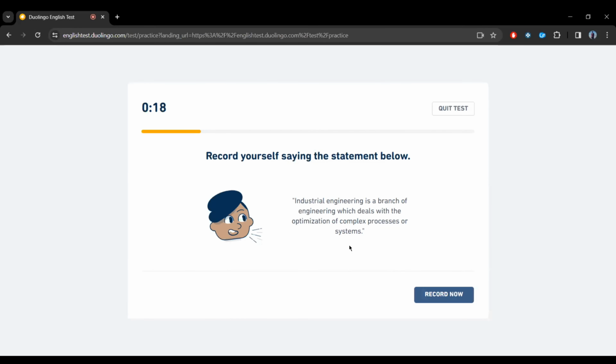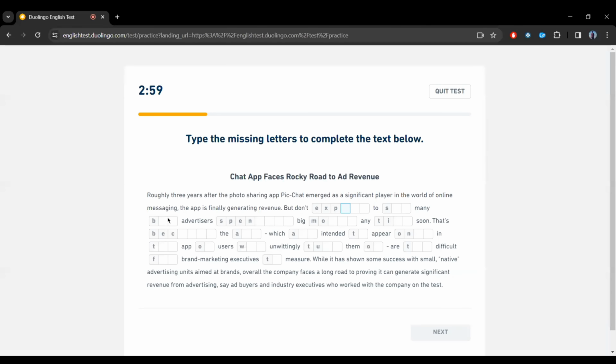Industrial engineering is a branch of engineering which deals with the optimization of complex processes or systems. All right.